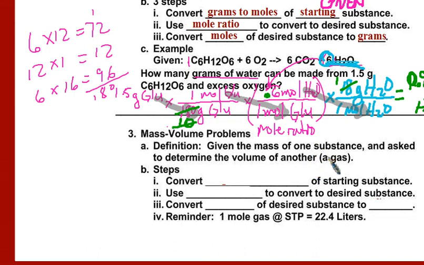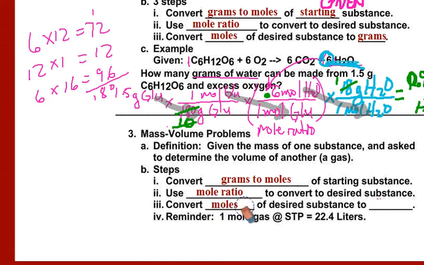And so as we move up, we took a skip and bumped you up. The next one we're going to do is the mass to volume problem. And so the first step is the same. In fact, the definition of it is we're given the mass of one substance, and we need to determine the volume of the other, and that is generally a gas. So we're going to convert grams to moles, same way we did before. Use the mole ratio, which comes from the coefficients of the balanced equation.